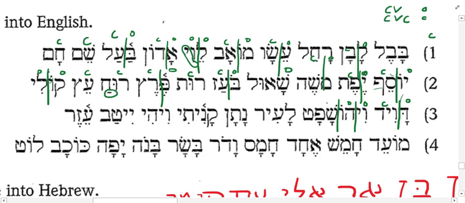Shin has a vowel under it. It's open. Pei has a vowel under it, and a tav at the end. So that is closed. So I have 3 open syllables followed by a closed one. 4 vowels. Kirik yod, holem vav, kametz, kametz. Vi, ho, sha, fat. All right.